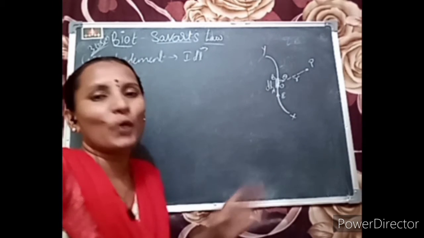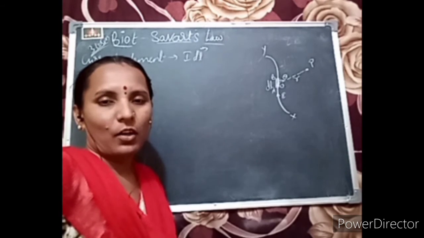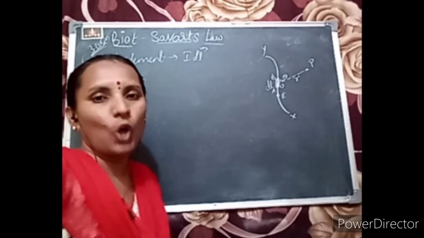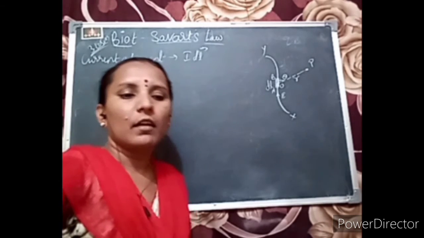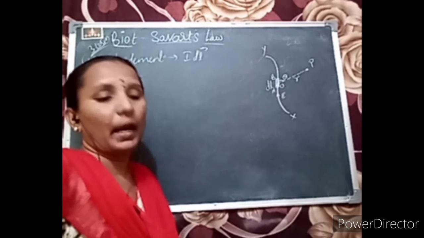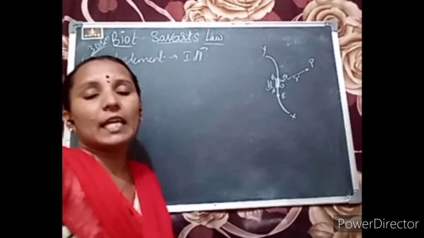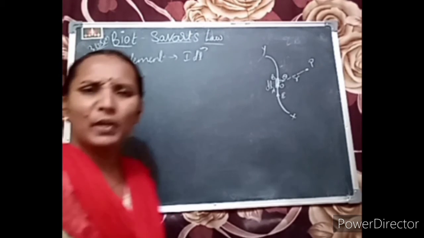There is a description, which I am not writing on the board, which you need to write for the explanation of this law. Okay, Biot-Savart's law. The small length of the conductor we have considered is dl, and the current element is Idl. So the law states as follows. What is the statement of this law?